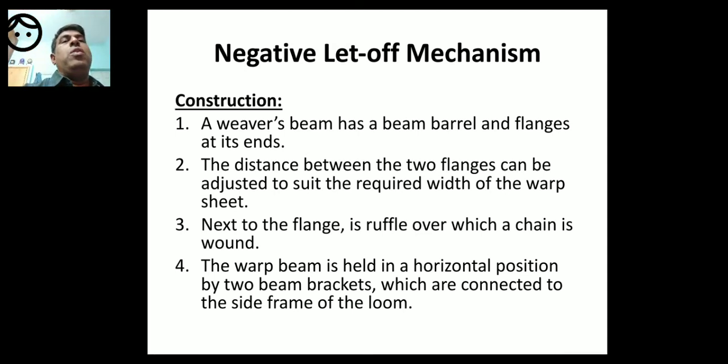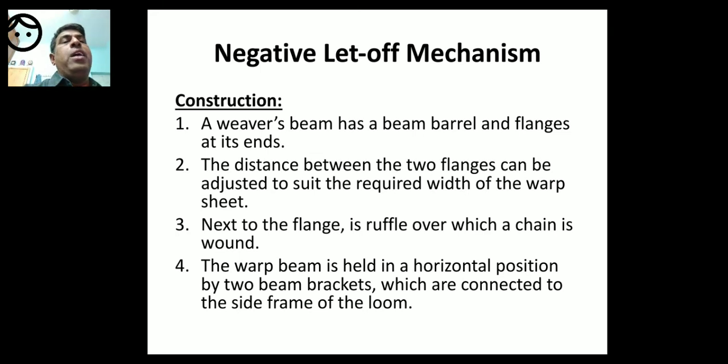Suppose there is 120 centimeters width of the warp, then flanges can be arranged so that 120 centimeters is there in between the two flanges. So that is a point. The distance between the two flanges can be adjusted to suit the required width of the warp sheet.